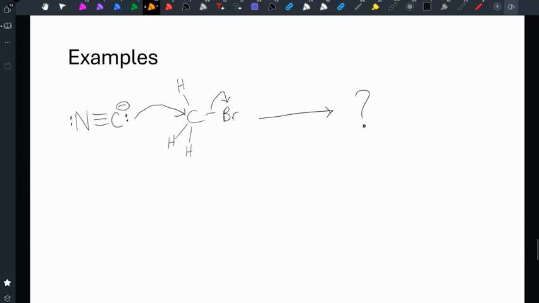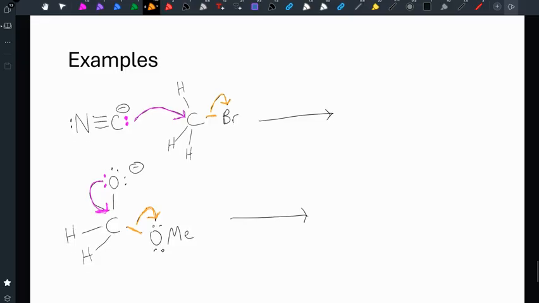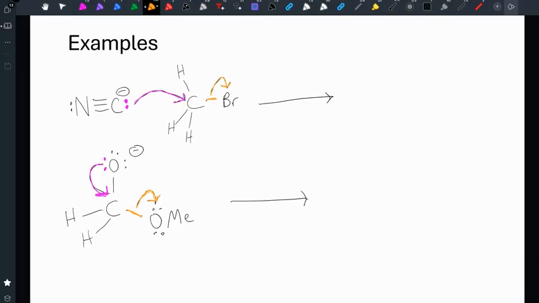All right. Hopefully, you went ahead and made your prediction. So in the first case, I would still have my N triple bonded to C. Nothing has happened to that. I still have my C bonded to 3 H's. Nothing has happened to any of those bonds.